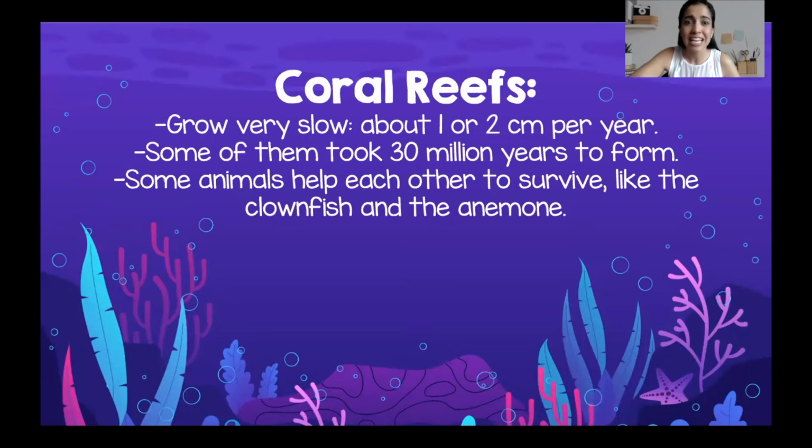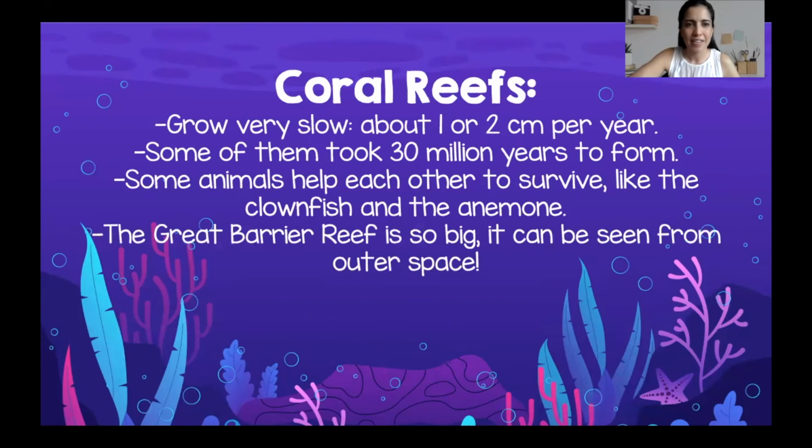Some animals help each other to survive, like the clownfish and the anemones. Yes, they live together. The Great Barrier Reef in Australia, it is so big, it can be seen from outer space. If you go on a rocket ship to space, you will be able to see it.